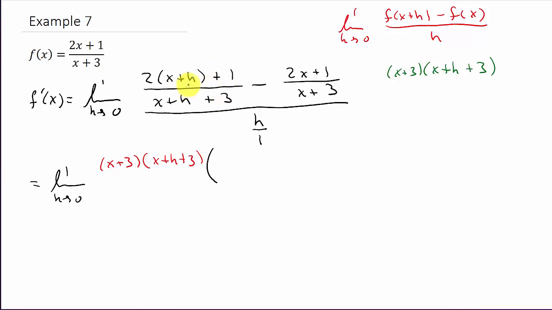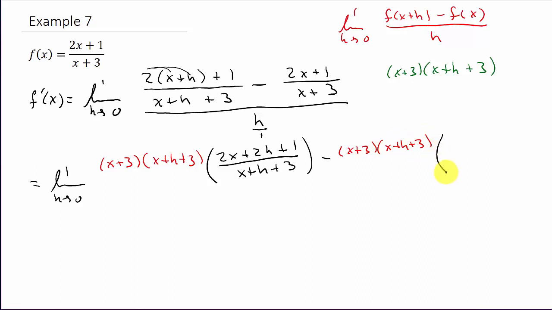times this. Now what I'm going to do here, instead of writing 2 parentheses x plus h, I'm going to go ahead and distribute the 2. So that's 2x plus 2h plus 1 over x plus h plus 3. Alright, minus, and then the common denominator, x plus 3 times x plus h plus 3 times this term, 2x plus 1 over x plus 3.